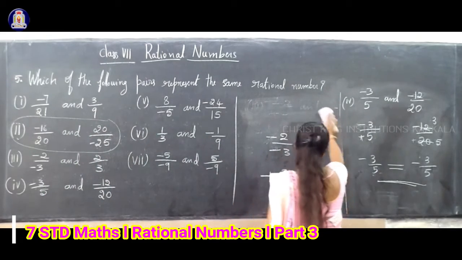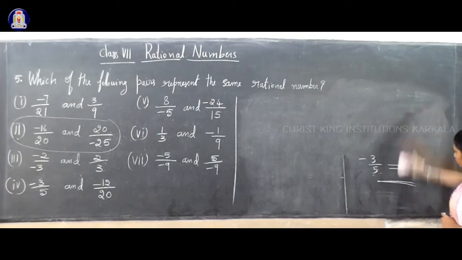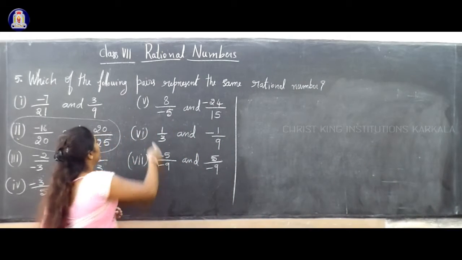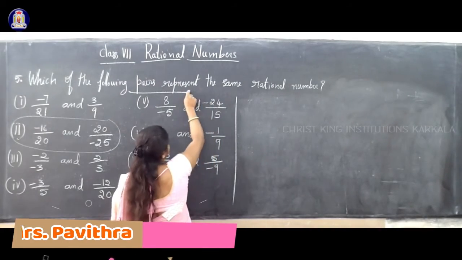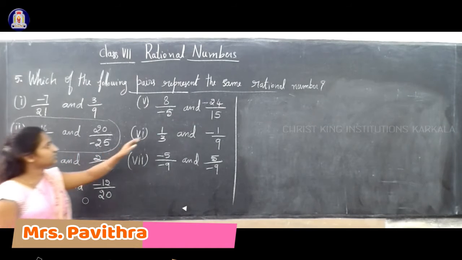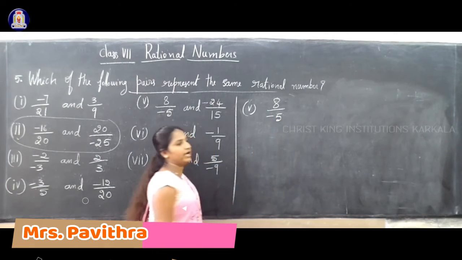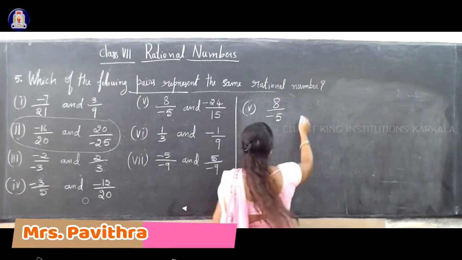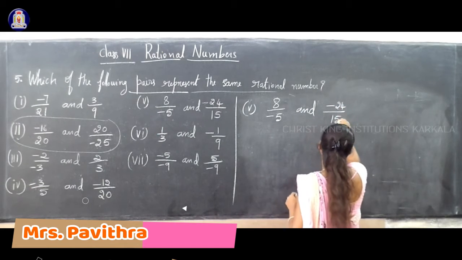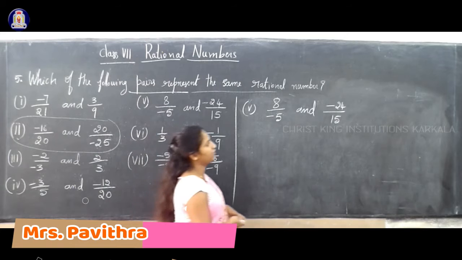The next question, that is the fifth question. You just have to check whether the given pair of numbers represents the same rational number or not. The fifth question: the rational numbers are 8 by minus 5 and minus 24 by 15.